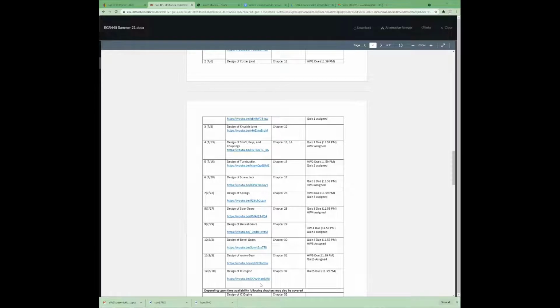And then we have design of internal combustion engine, wherein we will try to understand how an internal combustion engine works and what are the various functional components of an internal combustion engine. And if we were to design, how do we design an internal combustion engine?